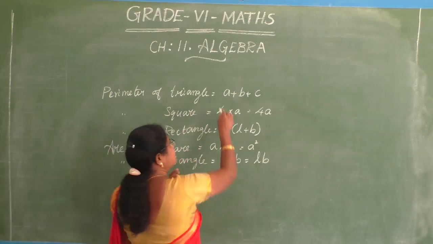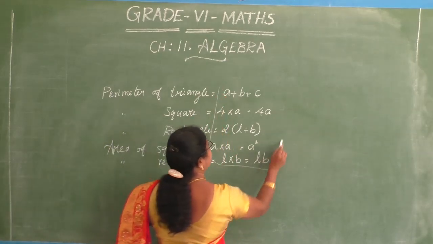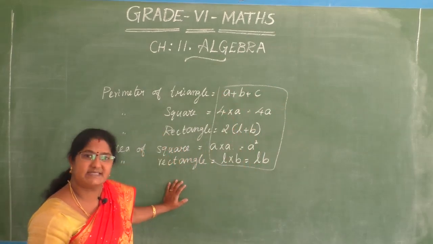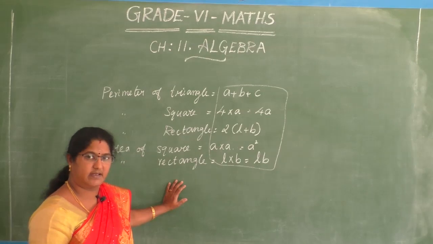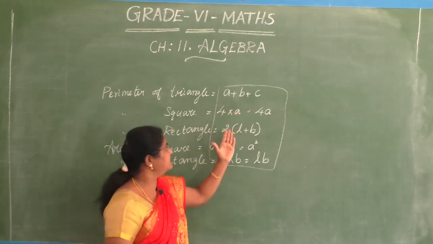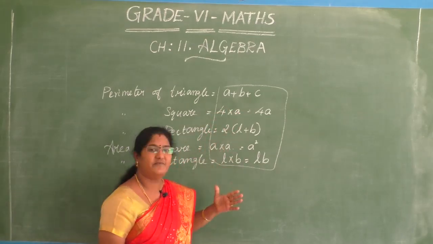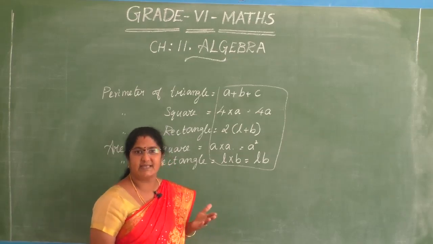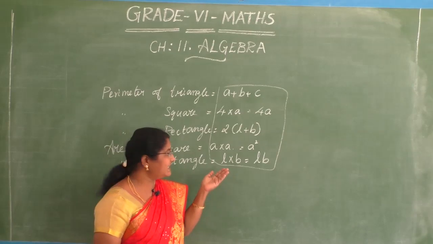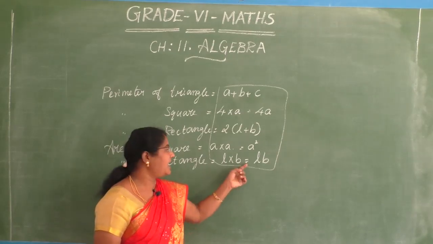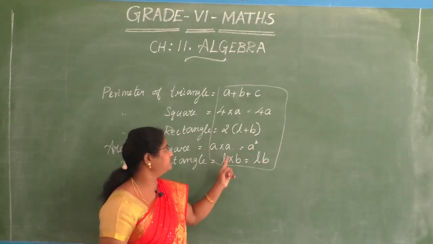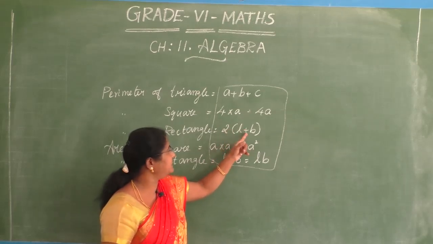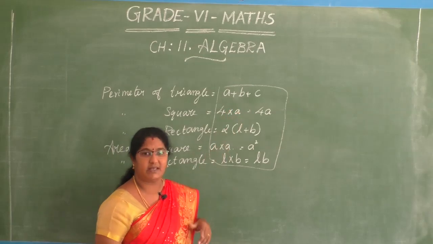But see, A, B, C, L, everything are variables. That means English alphabets, English letters. We are using letters here, and in between some operation. What operation? Multiplication, addition, something.